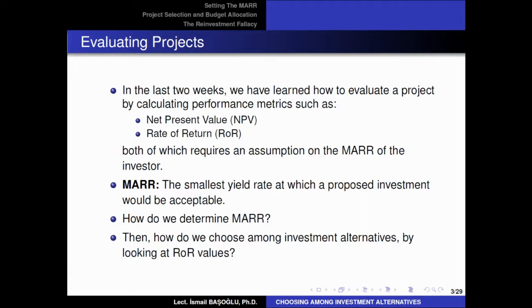Again, when you evaluate different investment alternatives for different projects, the minimum attractive rate of return assumption also depends on the risk introduced by the project. For example, if the project that you invest in is a risky project, such as the introduction of a new product into the market, that project is risky because the new product has not been tried yet.